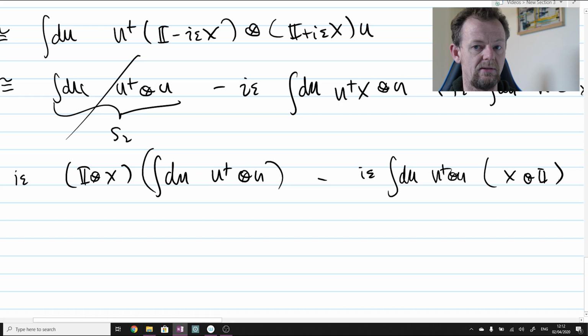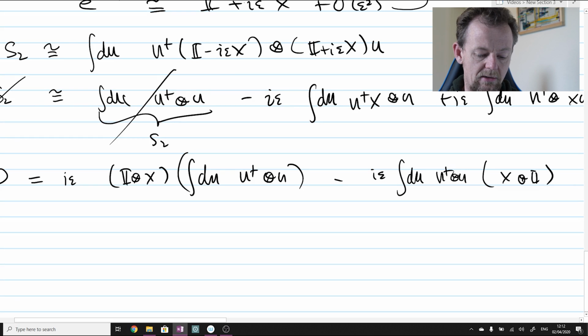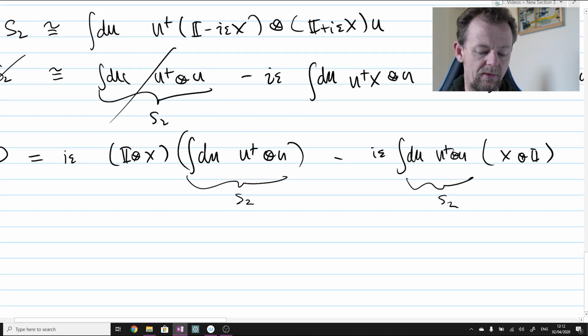X is Hermitian, right? There's no dagger. So we've got this identity that this integral, which we recognize also as S2, commutes in a twisted kind of way with the operator x.